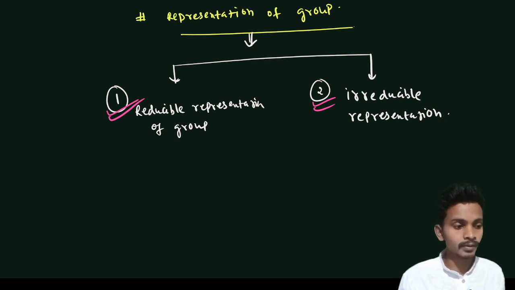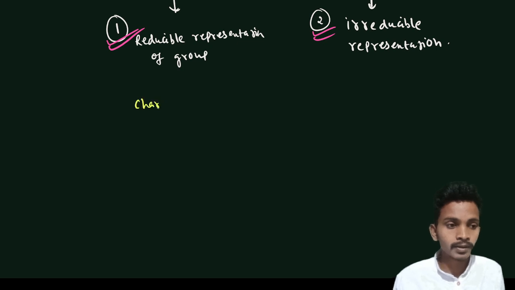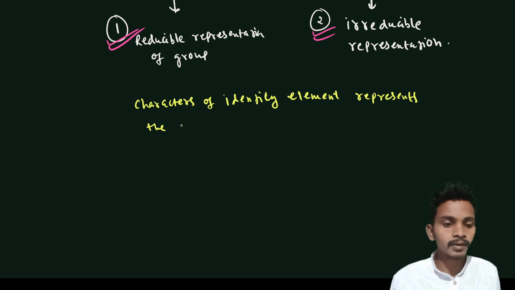Okay, let's start. Before I start these chapters, previous class I forgot to mention that the character of the identity element represents the dimensions of the group.